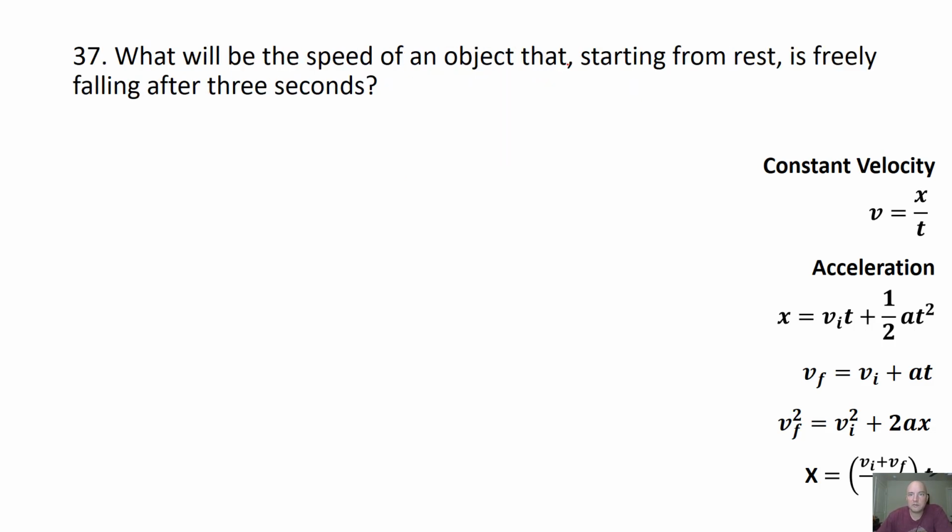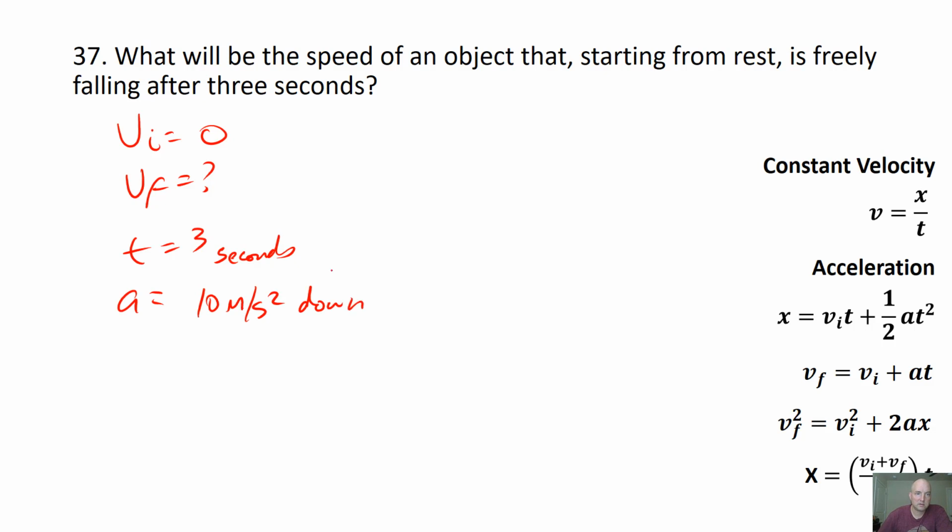Okay, what will be the speed of the object that's starting from rest and freely falling? So we're solving for it free fell from rest. We're trying to find out what the speed's going to be after 3 seconds. And accelerating at 10 meters per second squared down. So there's no conflicting directions, it's just down. So our answer, if it's positive, is going to be down.